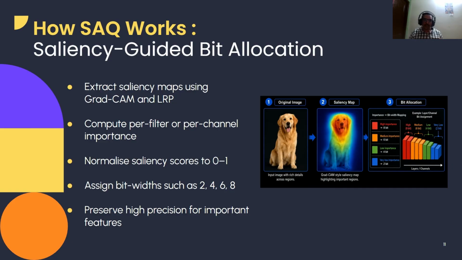LRP complements this by propagating relevancy backward through the network, giving a more fine-grained view of how different neurons contribute to the final output. These relevancy signals are then converted into a quantitative saliency score at the filter or the channel level. The scores are normalized between 0 and 1 so that they can be compressed consistently across the network.